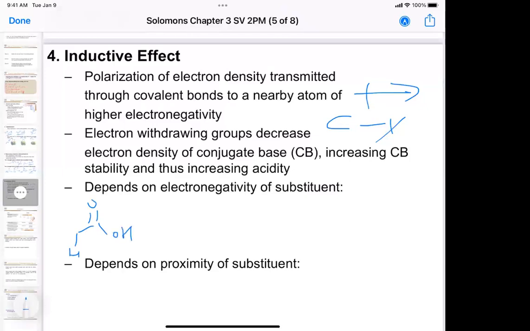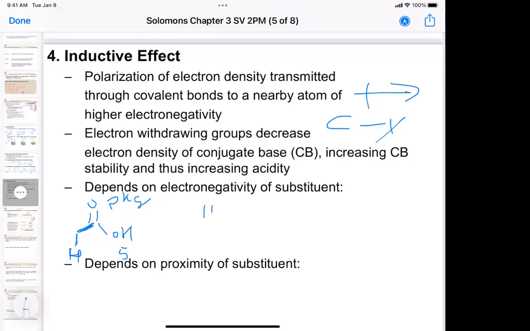When we look at our acetic acid by itself, this has a pKa of about 4.7, with this carbon-hydrogen and this carbon bond here. Is that carbon bond polar? Not really. Is that carbon-hydrogen bond polar? Not really. So there's no plus or minus effect on it.